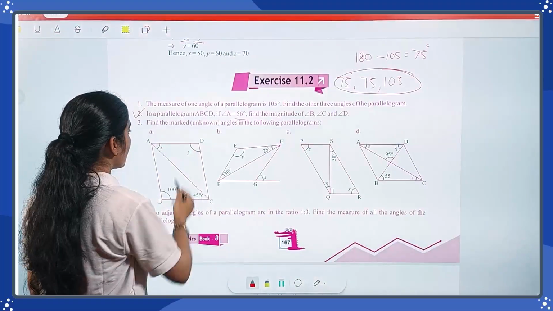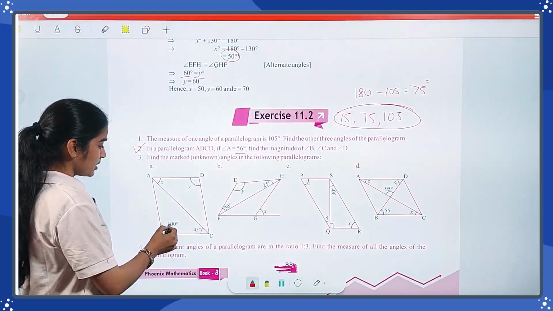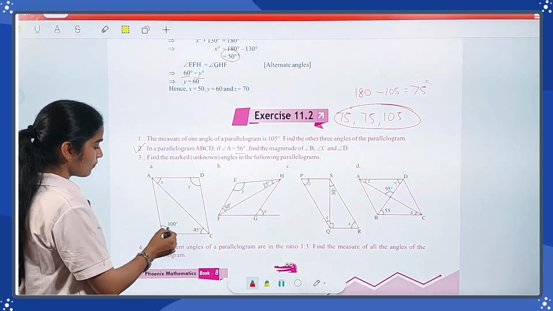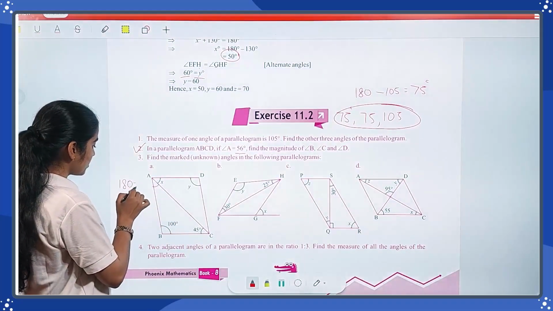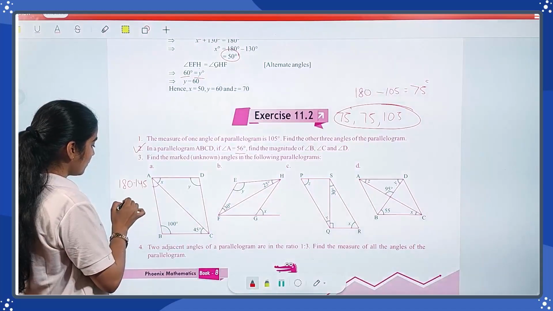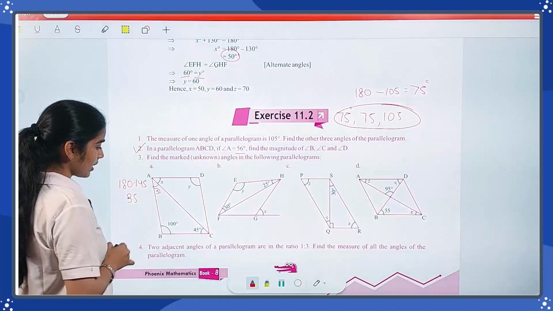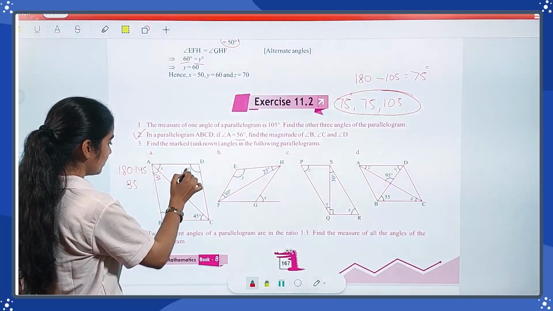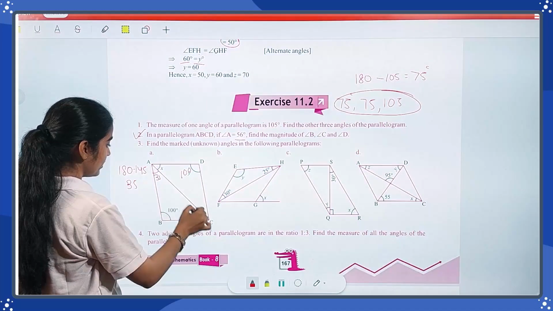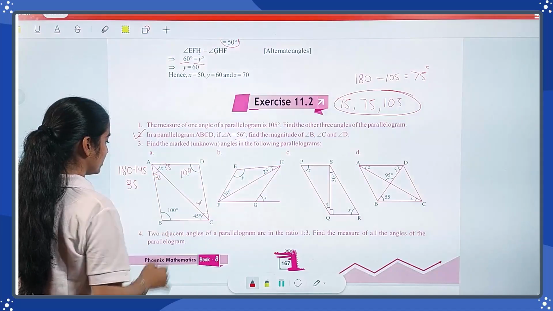Now find the marked unknown angles in the following parallelogram. This is 100, this is 45, the sum of a triangle you can calculate. 180 minus 145 is 35, that is your answer for this. If this is 35 and this is 100, so this is 100, that is 45 and this is also 35.